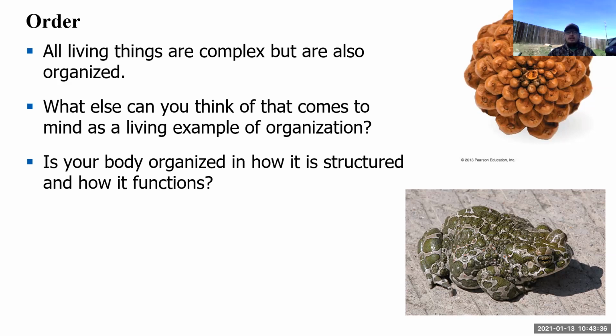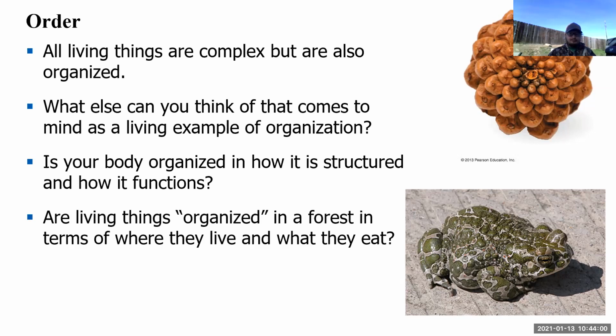And then those tissues are then organized into, say, organs. And we'll talk a little bit about that during the organization of life, or the hierarchy of life, in a couple minutes. But basically, again, there's this structured organization to the different components of living organisms.